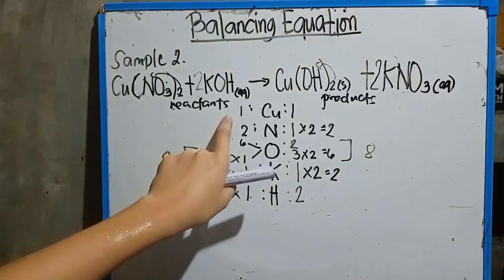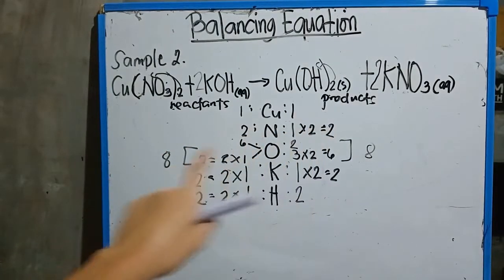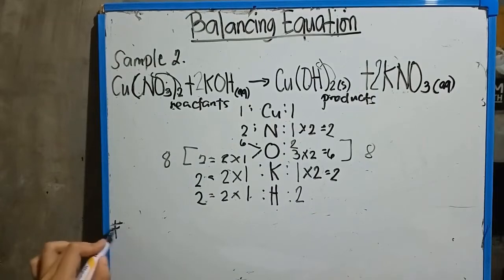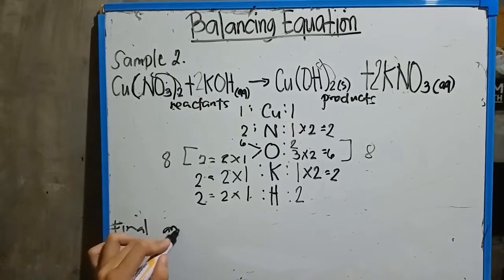Okay. Reactant is 1, 1, 2, and 2. Oxygen is 8. Then our product is 8. Potassium is 2, 2, 2, 2, 2. So we can now write down our final answer.